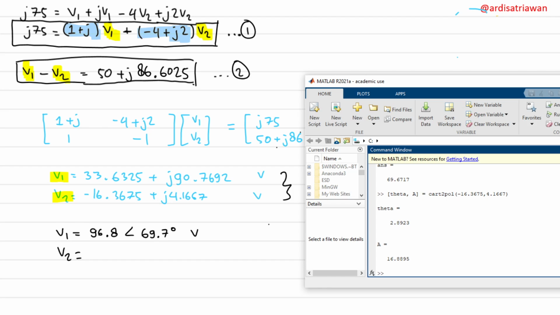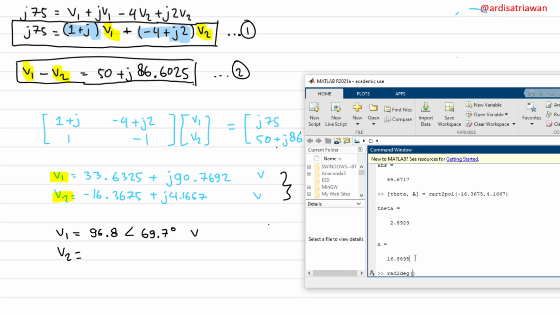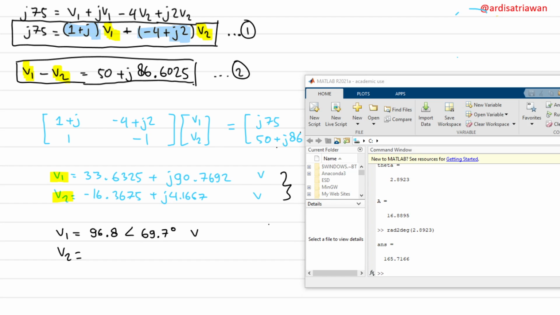Okay, but the theta is in radians, so I need to convert this into degrees. So I will have that value. Let's copy that.